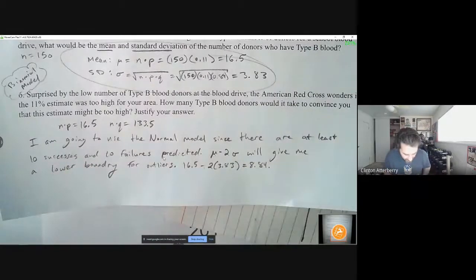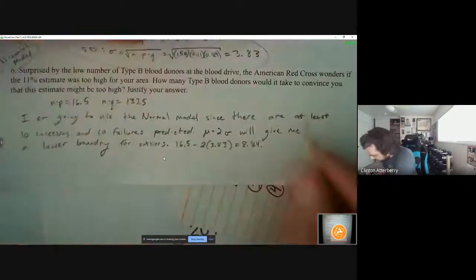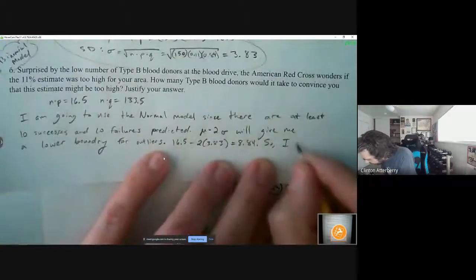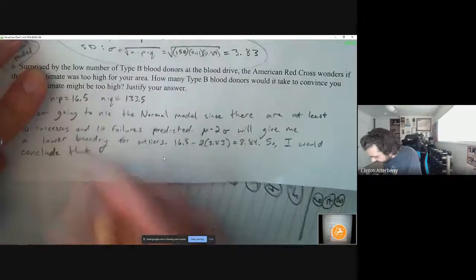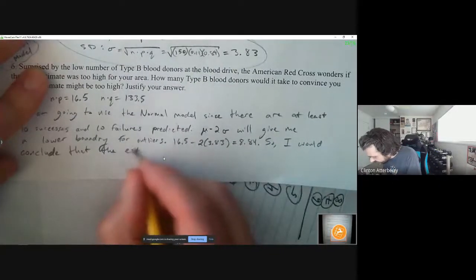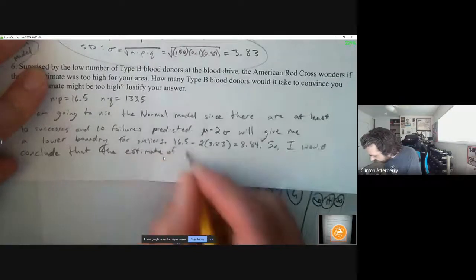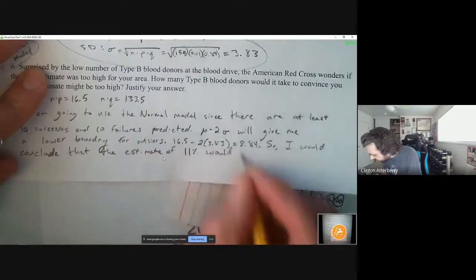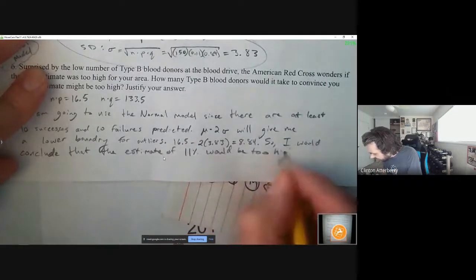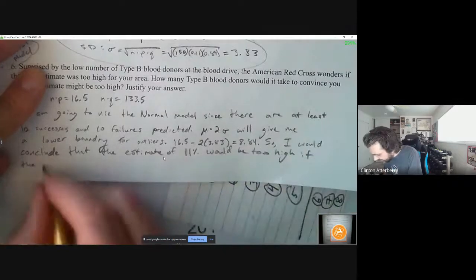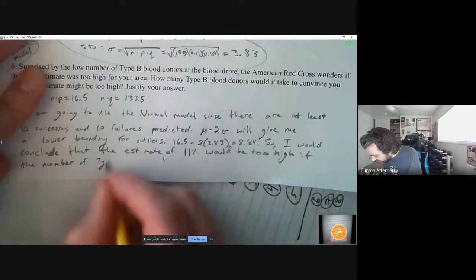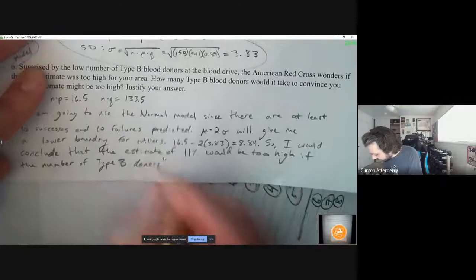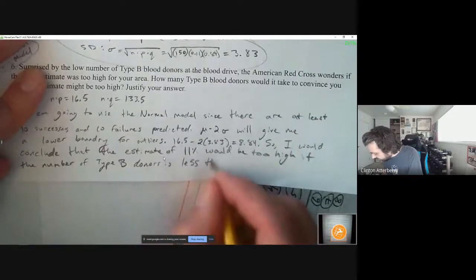So I'm going to say it like this. I would conclude that the estimate of 11% would be too high if the number or amount of type B donors is less than 9.